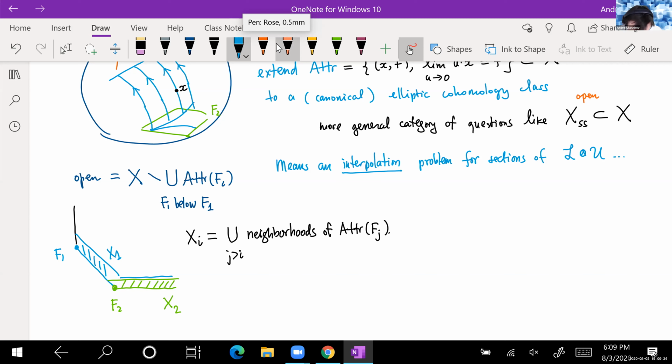And so if, for example, I look at X minus X2, let's look at the homology of X minus X2.